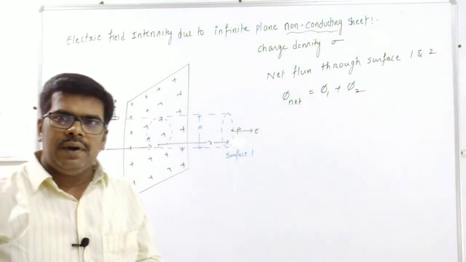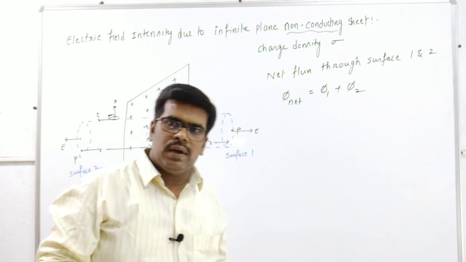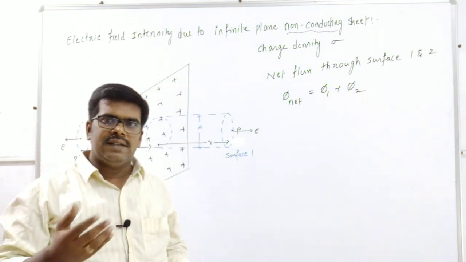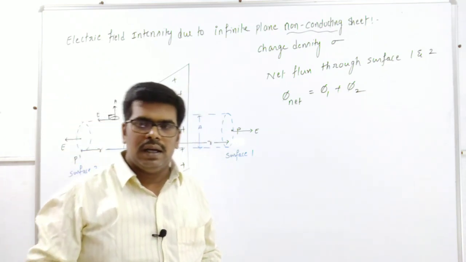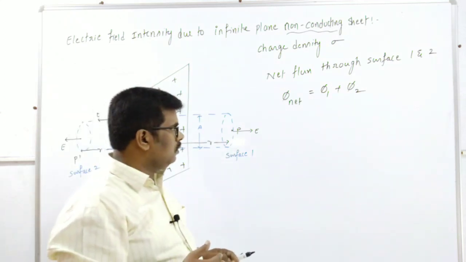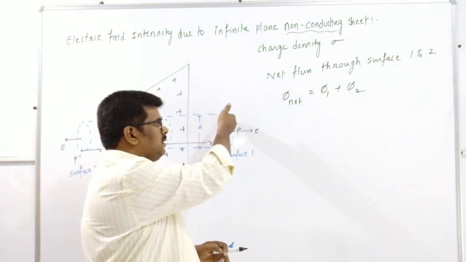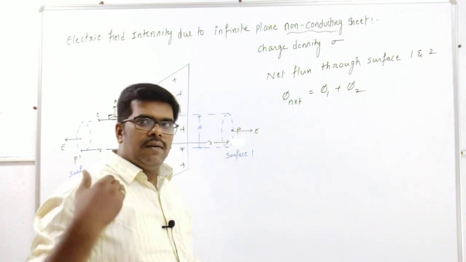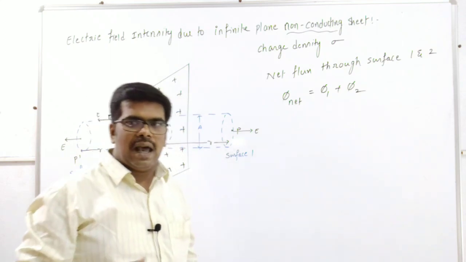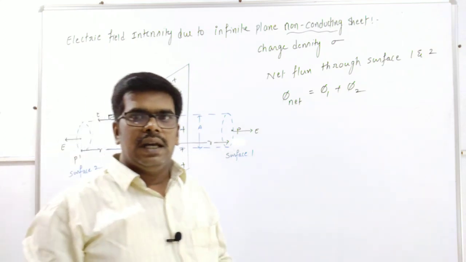If it were a curved surface, we would take the net flux in integral form, that is integral E bar dot ds bar. But you can observe these are not curved surfaces, these are flat surfaces. That's why we can take the flux directly as a scalar product of electric field intensity and area vector.